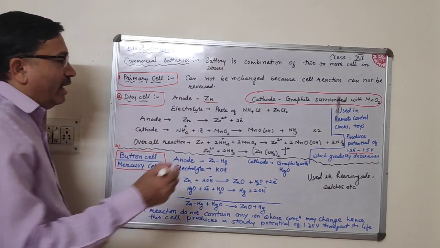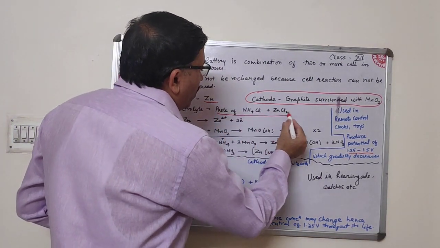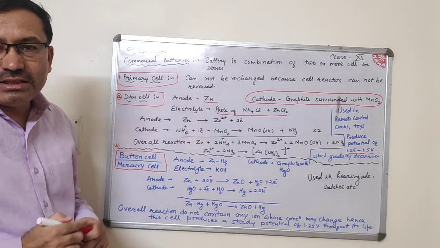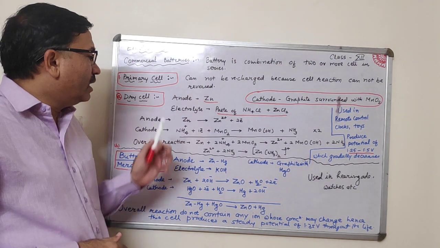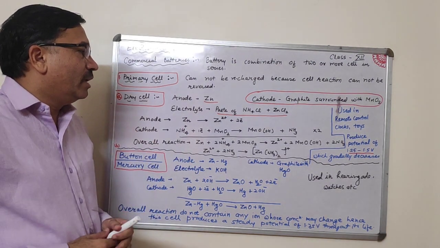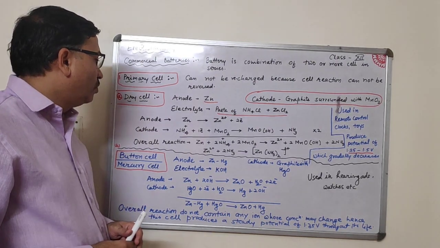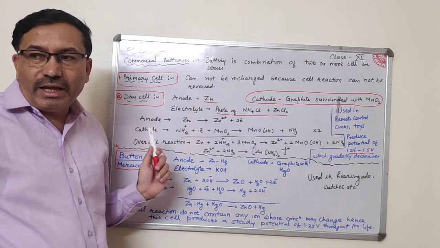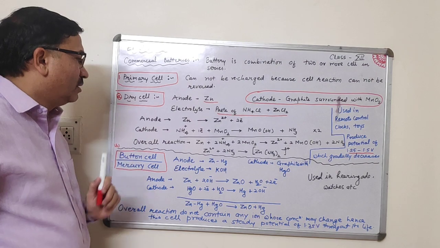And as electrolyte, we are using a paste of NH4Cl and ZnCl2. Now what reaction takes place in this cell?